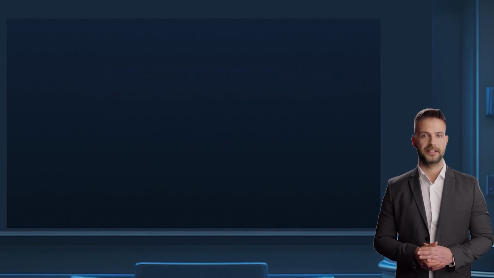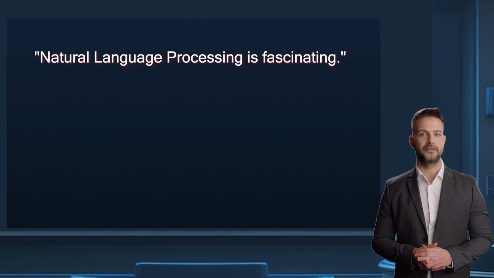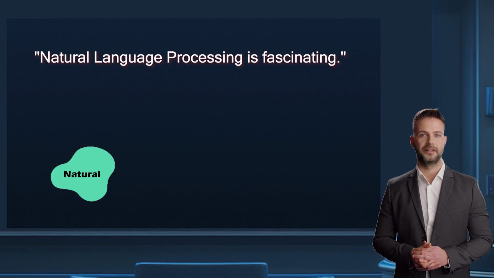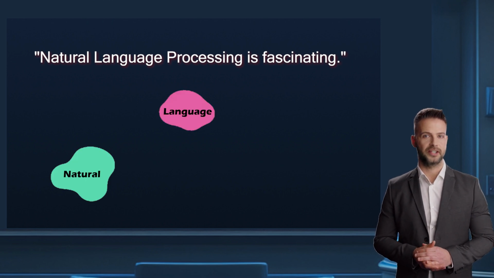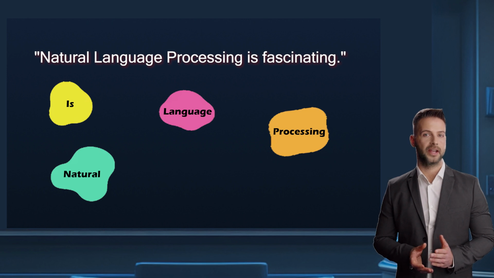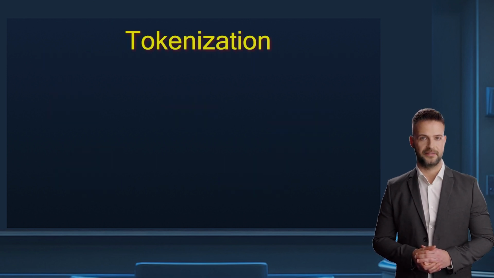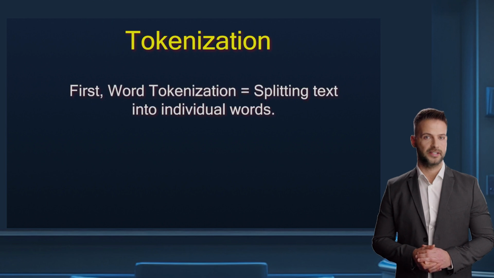For example, consider the sentence, "Natural language processing is fascinating." After tokenization, we would have the following tokens. Token 1, natural. Token 2, language. Token 3, processing. Token 4, is, and token 5, fascinating. So tokenization can be performed at different levels. First, word tokenization.